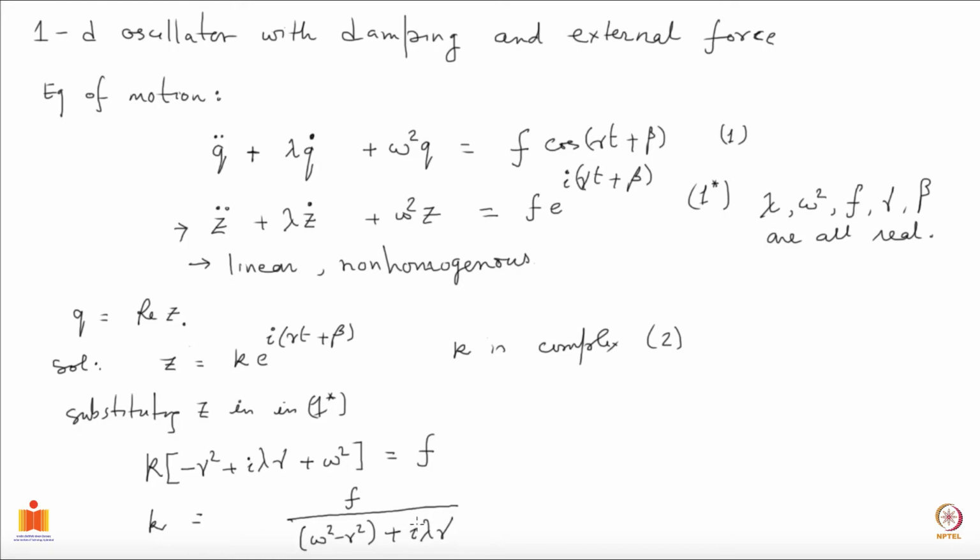I hope you have already noticed that the problem which you were having at resonance earlier is not here. It's not blowing up. Okay, it's getting regulated. You'll see it more clearly when I write down k in the polar form.